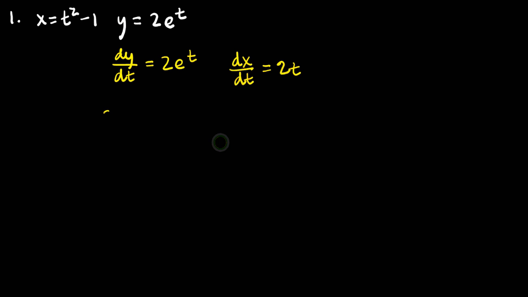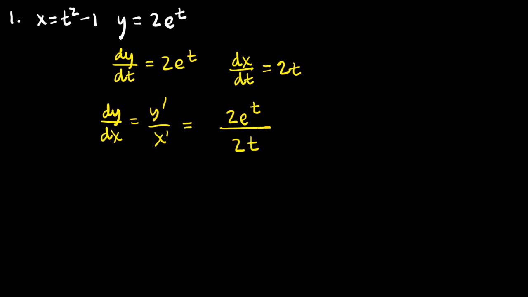Now we know that dy/dx is dy/dt over dx/dt. So we're just going to say that that is 2e to the t divided by 2t. I think that one was on the notes packet, but that's okay. Still dy/dx.